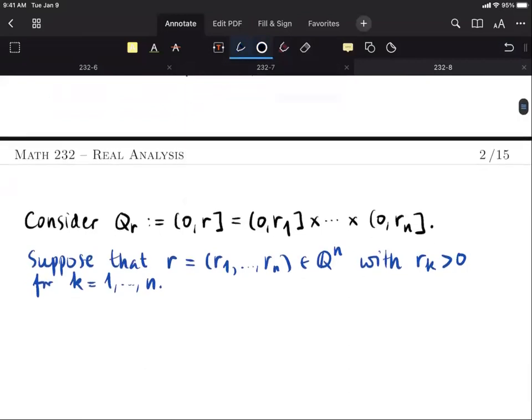So from this, r sub k being a rational number, we can write this as, let's say, p sub k over m. However, it is possible that the denominators are not the same.